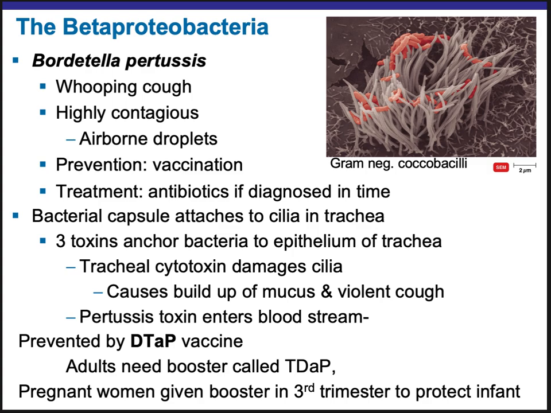Okay. The pertussis toxin can enter the bloodstream and cause issues that way. It will signal for a T cell population, which is a type of white blood cell. So basically it's telling these white blood cells to come to the infection, but then it doesn't allow them to get out of the bloodstream into the endothelium where the actual infection is.